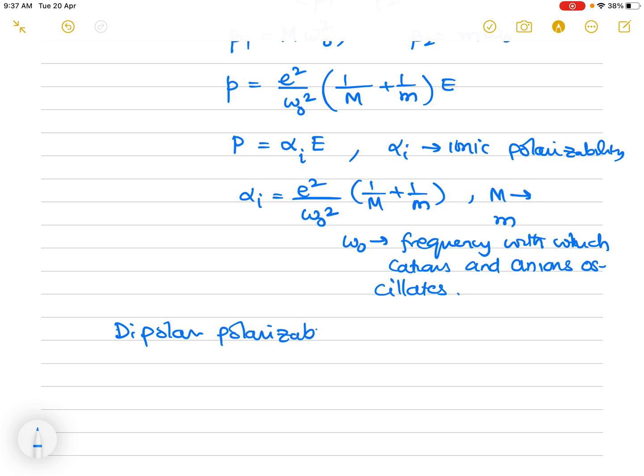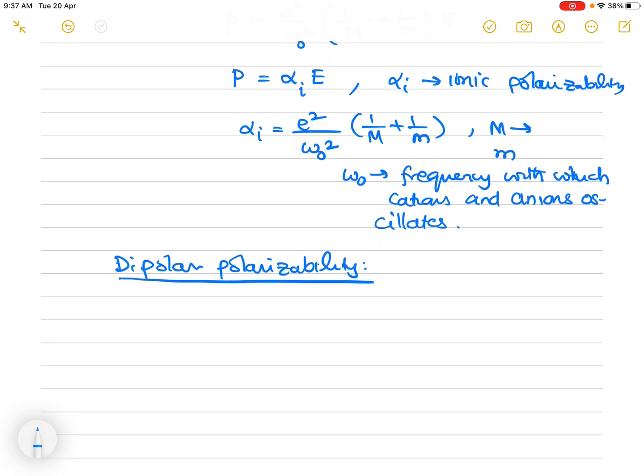Actually we know that a water molecule is an example of a permanent dipole. Water has OH bonds. The geometrical arrangement of OH is such that there is a permanent dipole moment in the water molecule.